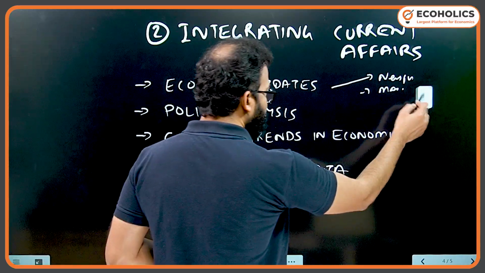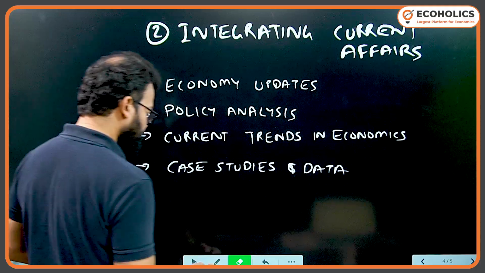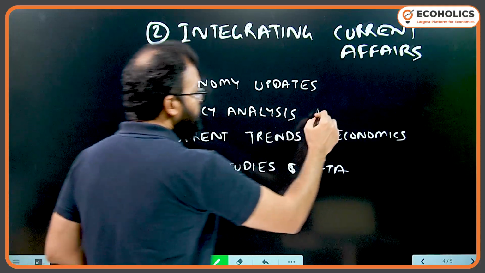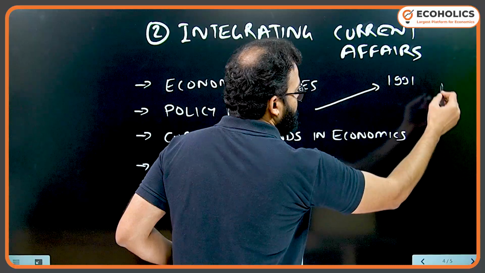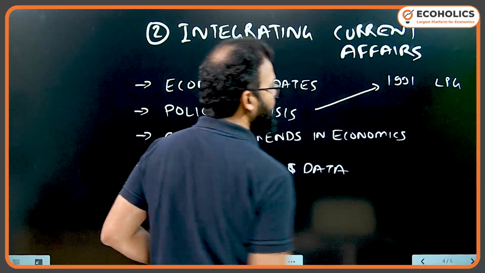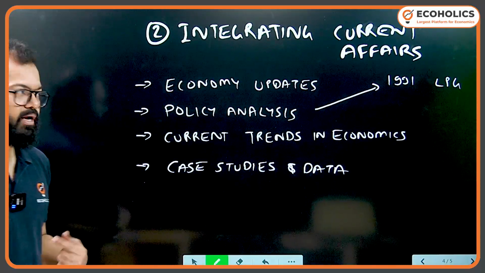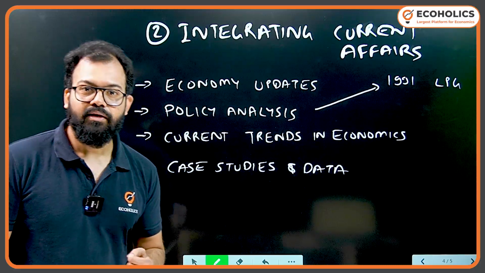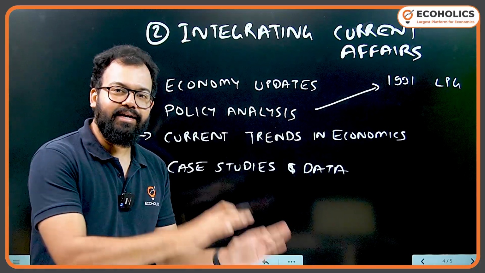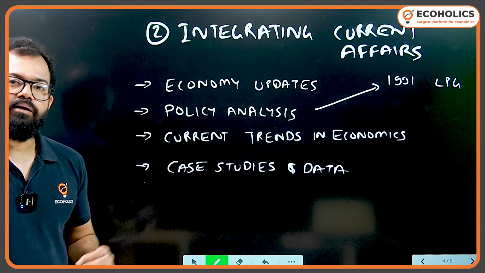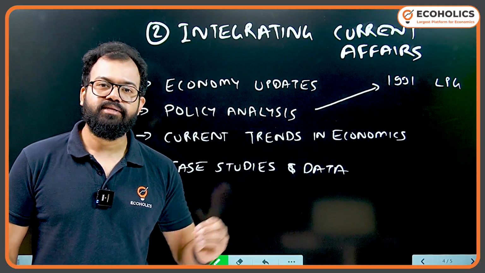Policy analysis, I'll give you a very good example of that. You will never forget that. In 1991, when we implemented LPG reforms, liberalization, privatization and globalization, we gave companies the right to entry in India. It means companies can come and do business in India.